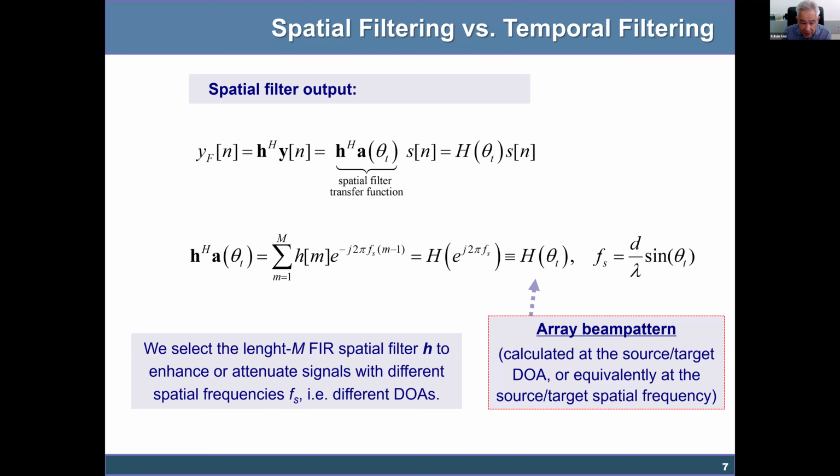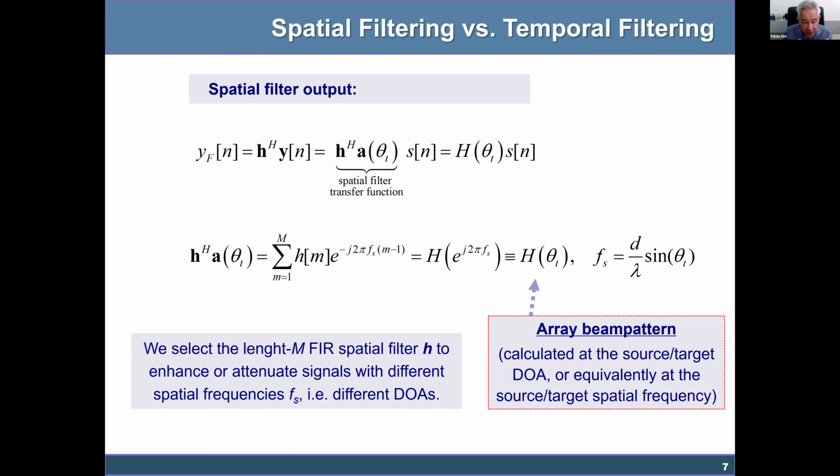This result tells you that we can design the spatial filter h in order to discriminate between signal and noise in the direction of arrival domain, so based on their direction of arrival. So we can build a spatial filter that has the ability to separate signal from disturbance based on their directional arrival.